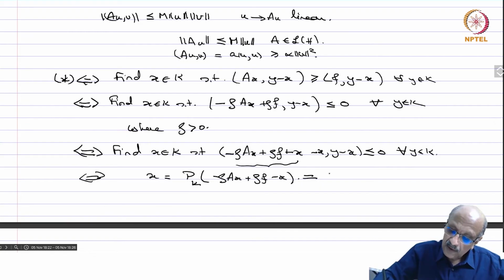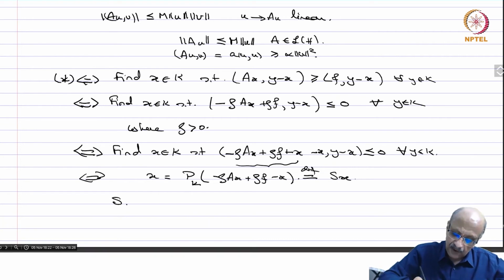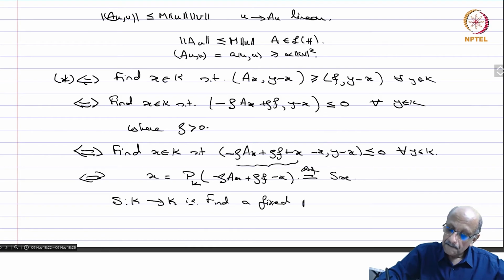Let us define this as Sx. So we are having a map S from K to K. Okay, x is in K, and then I'm defining Pk of it, so it comes back to K, and I want to find a fixed point of S.